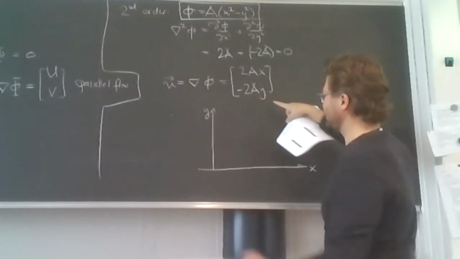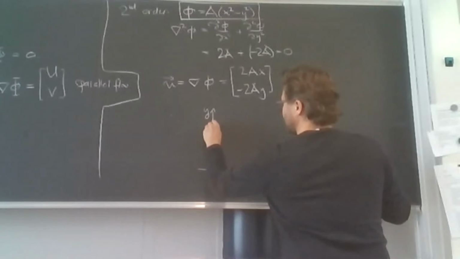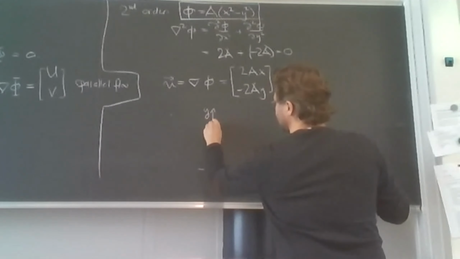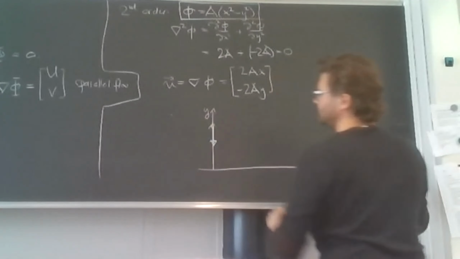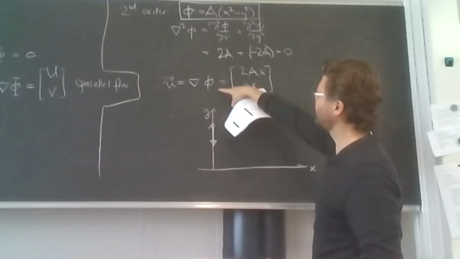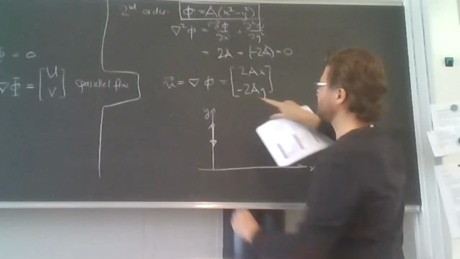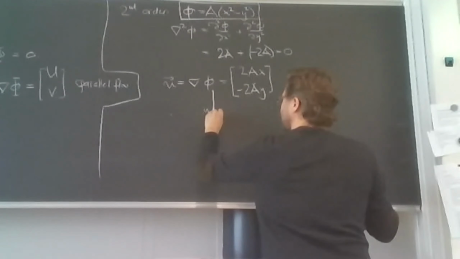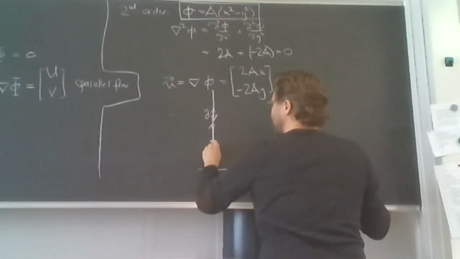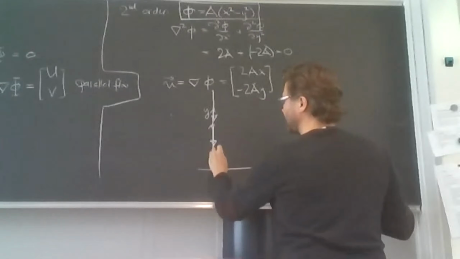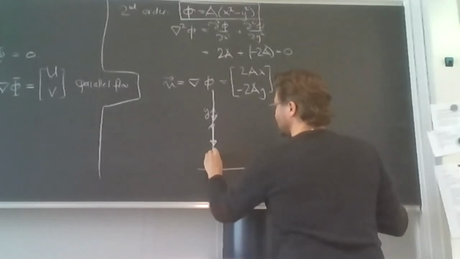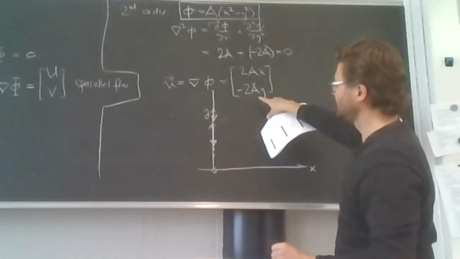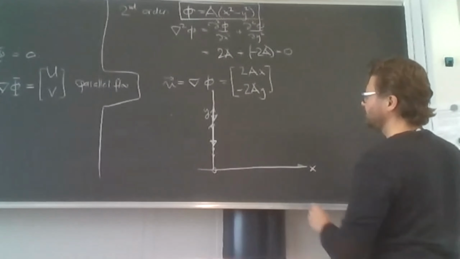So we have a negative velocity vector pointing downward. Starting here, going down. And the higher up we are, the larger it becomes. So far up here, you have a large velocity going down. And the closer we get to the origin, the shorter velocity vectors become. And here at the origin, the velocity is exactly 0.